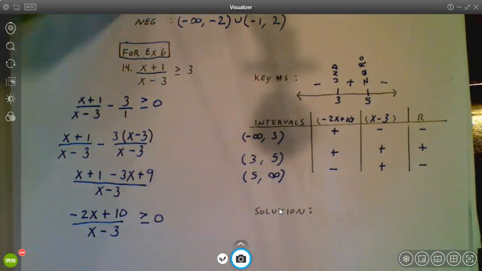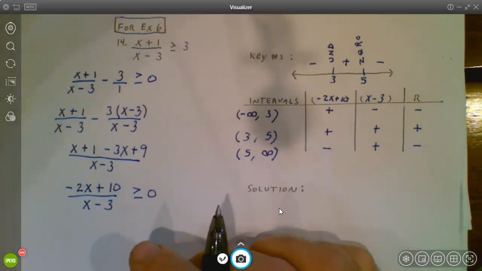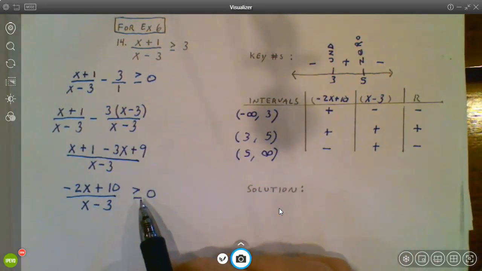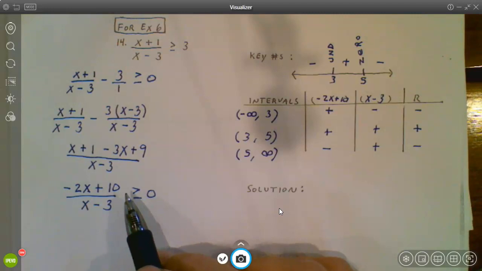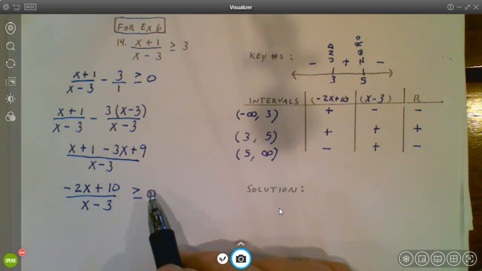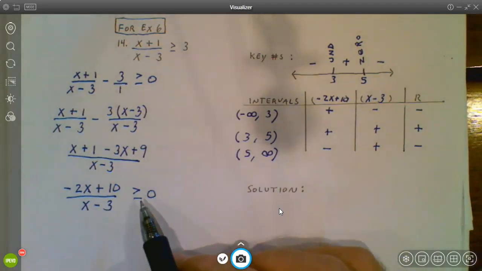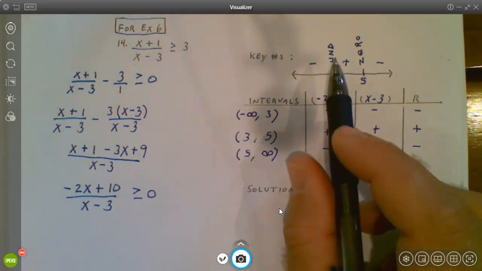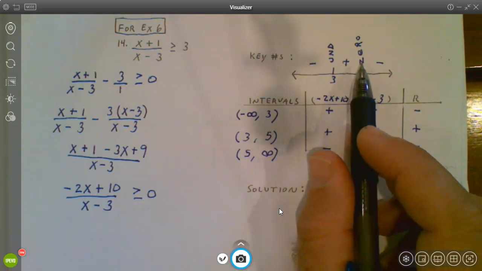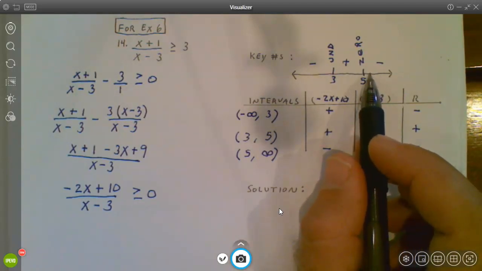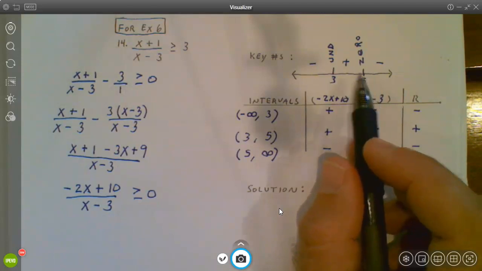So here's the key. We now have to answer the question. So this one was saying, and we're looking at this, in what sections of the graph are either greater than 0, so we know he's a winner, or equal to 0. And so this is where this will matter, right? If it's equal to 0, then we include it in our answer, and that means a bracket.